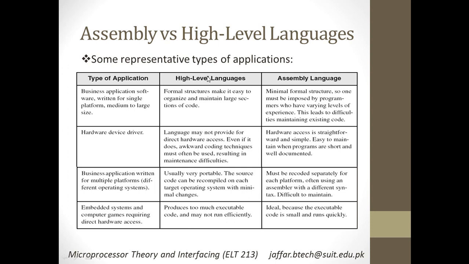You can have two options, either to go with HLL or assembly language. HLL provides formal structures and makes it easy for the organization or user, and for maintenance as well as in scenarios with large sections of code. But assembly provides minimum formal structure, so structure must be imposed by the programmers, who have varying levels of experience.